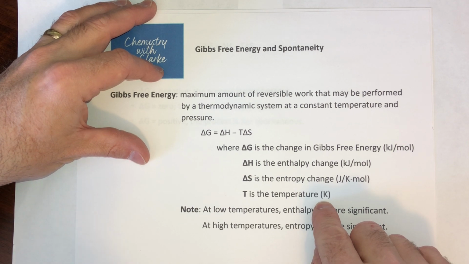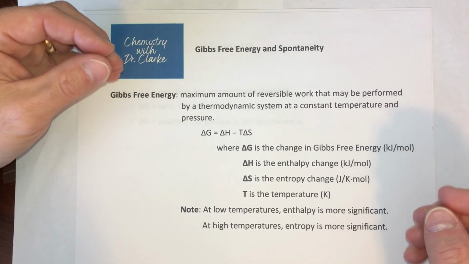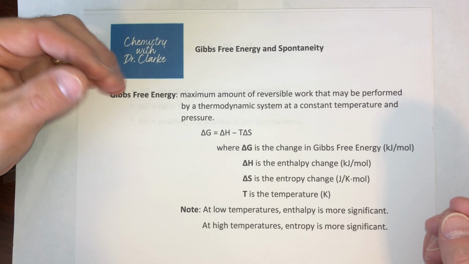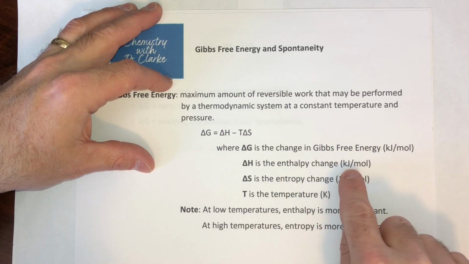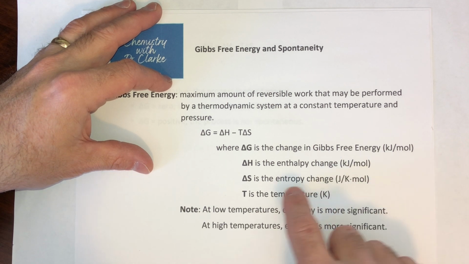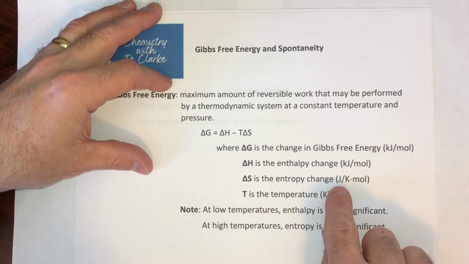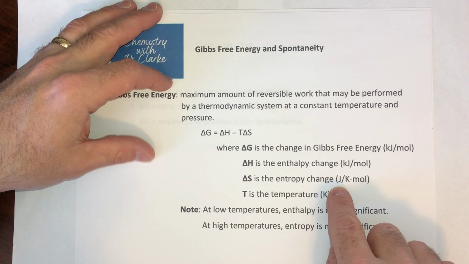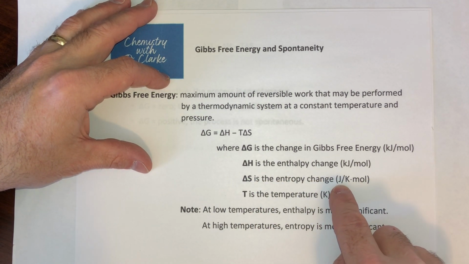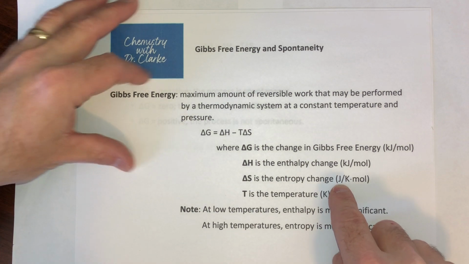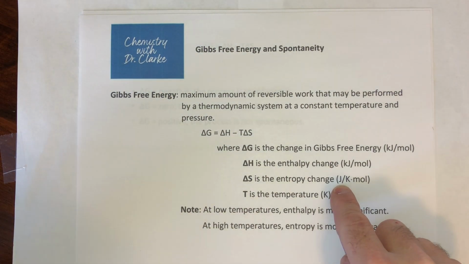The other issue here is that the energy units don't match up, right? Gibbs free energy is in kilojoules. Enthalpy changes are going to be given in kilojoules, but the entropy changes are given in joules, right? These tend to be much, much smaller, so they tend to be given with much smaller numbers, so they're in joules rather than kilojoules.